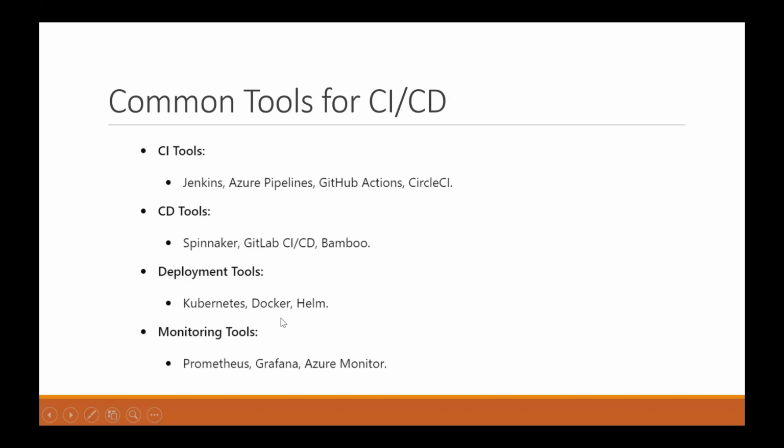Okay, these are some of the deployment tools: Kubernetes, Docker, Helm chart we use for deployment in Kubernetes. We'll be discussing each tool in our future videos. Okay, for monitoring, these are some of the tools we can use, like Azure Monitor in Azure, and these are some of the third-party tools.